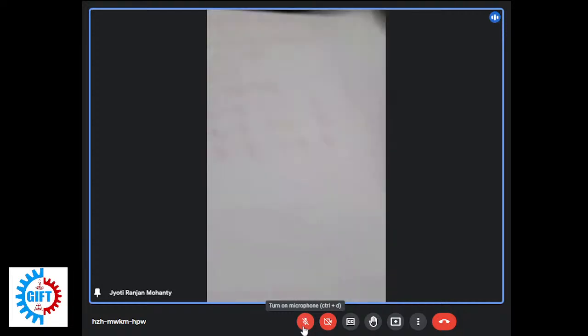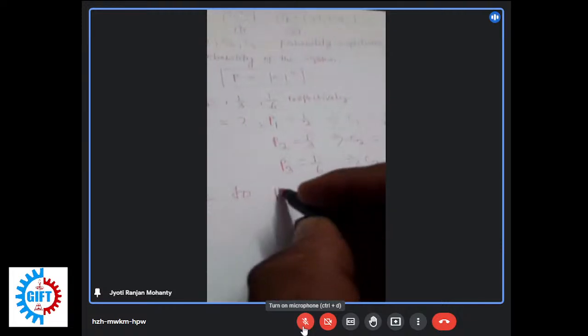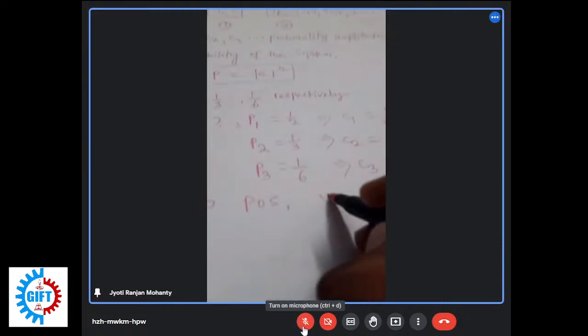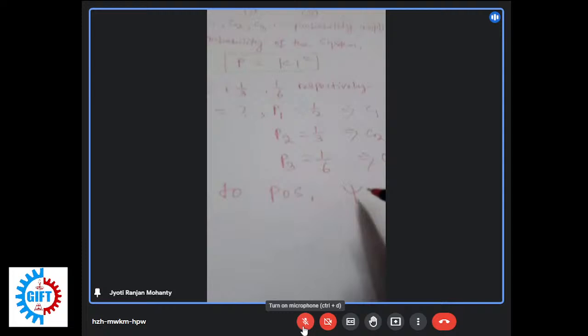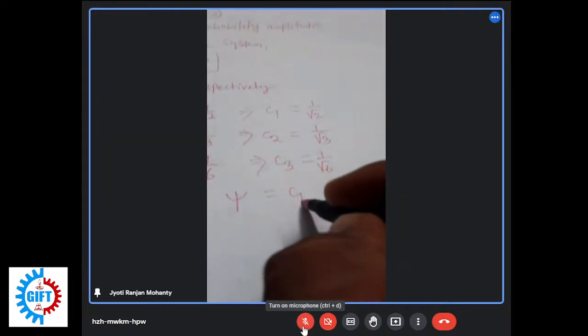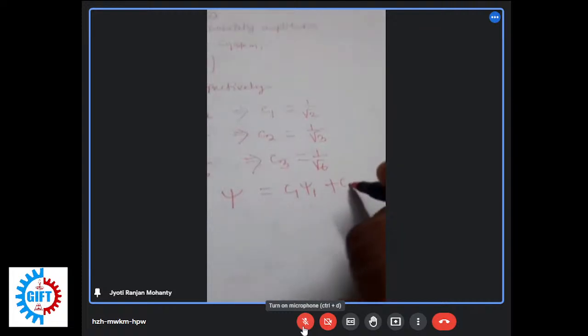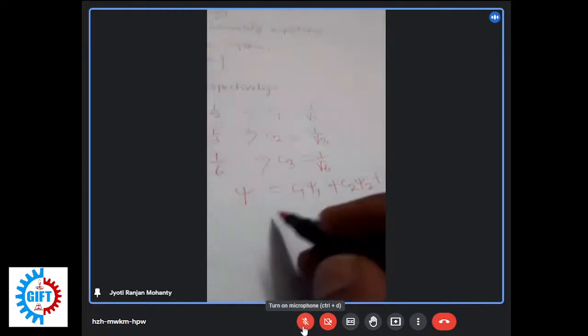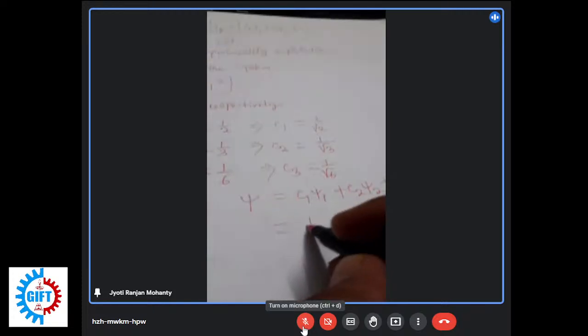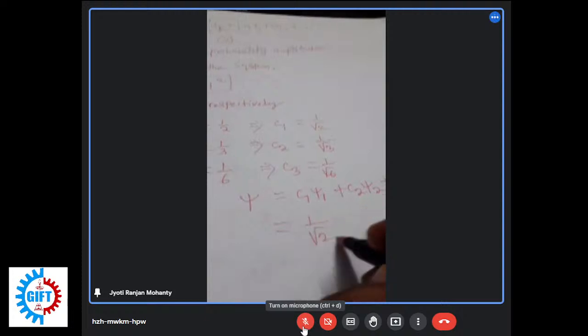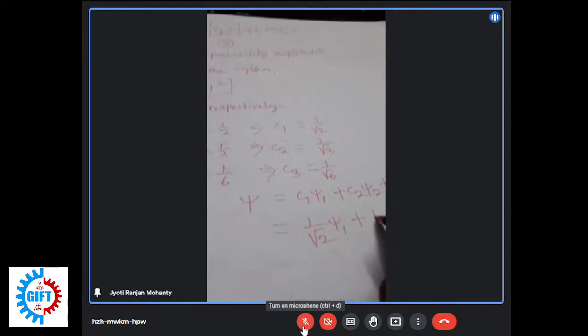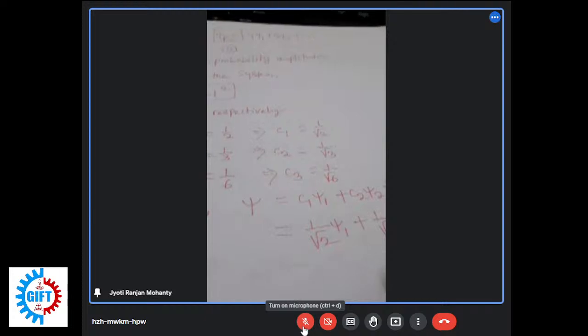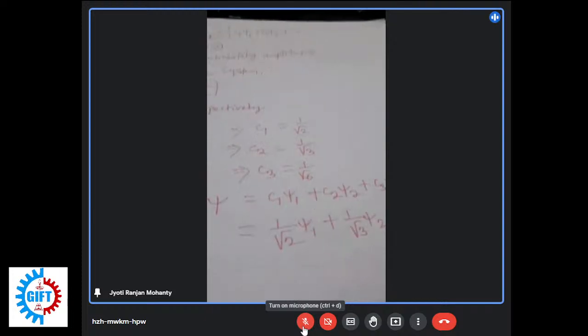Now, according to the principle of superposition, the resultant wave function psi is equal to C1 psi 1 plus C2 psi 2 plus C3 psi 3. So put C1 equal to 1 by root 2 psi 1, C2 equal to 1 by root 3 psi 2, C3 equal to 1 by root 6 psi 3. So this is your answer.